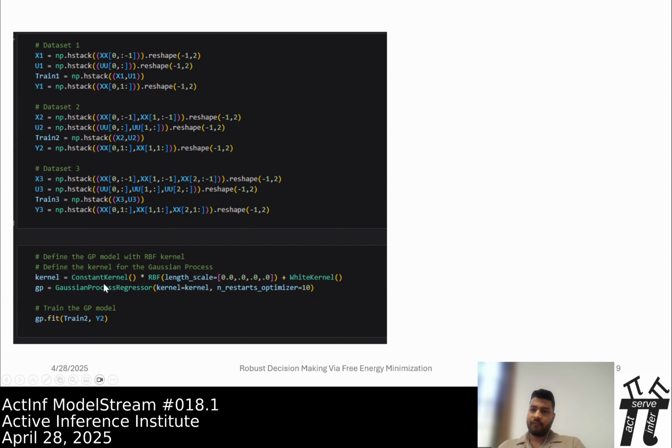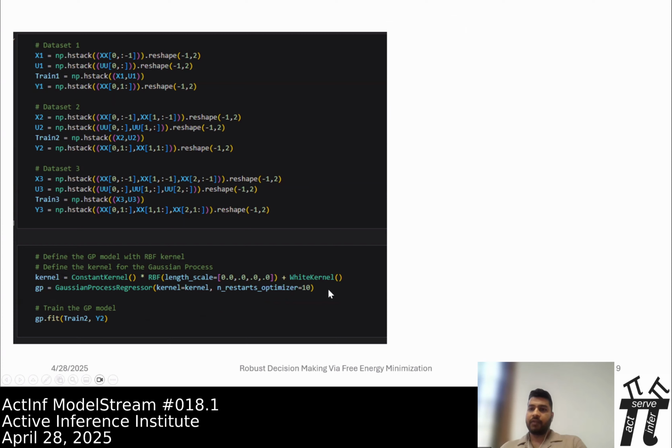The RBF, the radial basis function, has parameters called length scale. Since we have a 4-dimensional input, we have a 4-dimensional length scale parameter, which is a hyperparameter. I'm just initializing it here. Plus some white noise, because your data collection channel can be noisy, and to model that noise, we have a white kernel function in the entire kernel function.